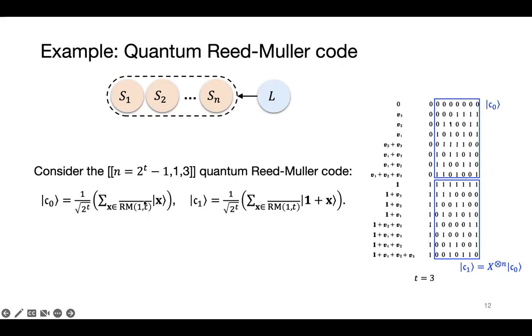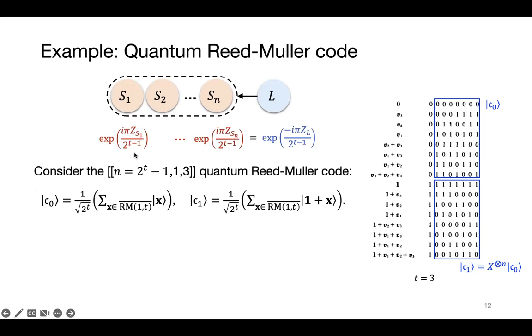The code word is given by the superposition of computational basis states described by this classical shortened Reed-Muller code. For example, here we write down the truth table of all degree 1 Boolean functions. If the first digit is 0, it gives us the computational basis for the logical 0 state. And if the first digit is 1, it gives us the basis for the logical 1 state.